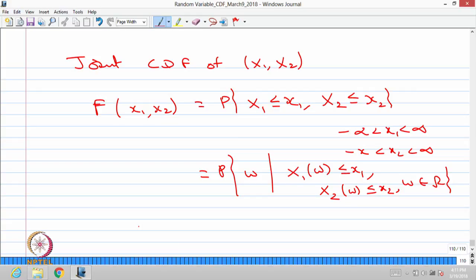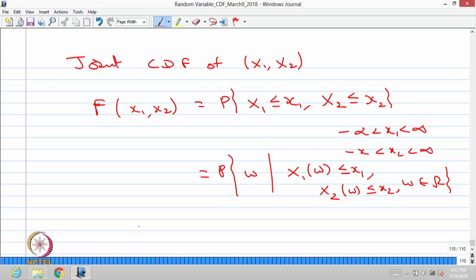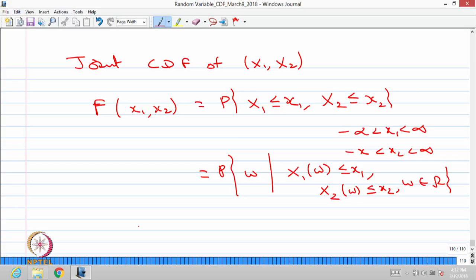That means we are collecting a few possible outcomes satisfying the condition that under the operation X1 it should give a value less than or equal to x1, and under the operation of X2 it gives values less than or equal to small x2. So we are collecting those possible outcomes, then finding the probability, and that probability is going to be the CDF at the point x1 comma x2, where small x1 can lie between minus infinity to infinity, and small x2 also lies between minus infinity to plus infinity.